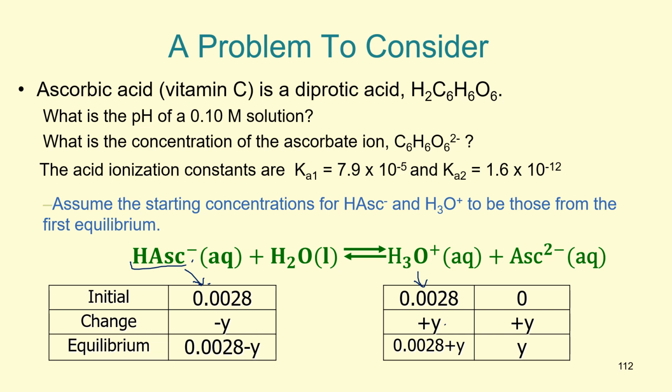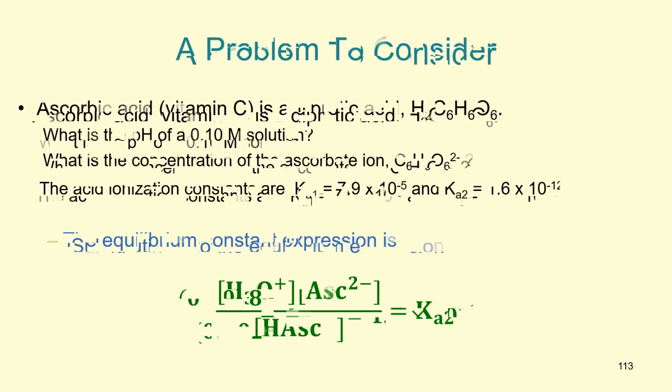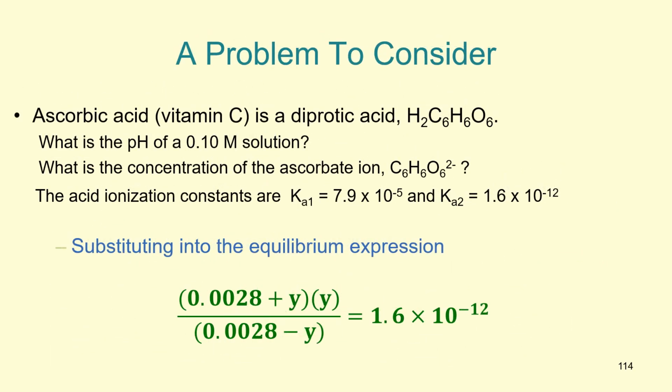So we have plus Y, minus Y, and then 0.0028 plus Y, and 0.0028 minus Y. So we can plug that into our second equation.